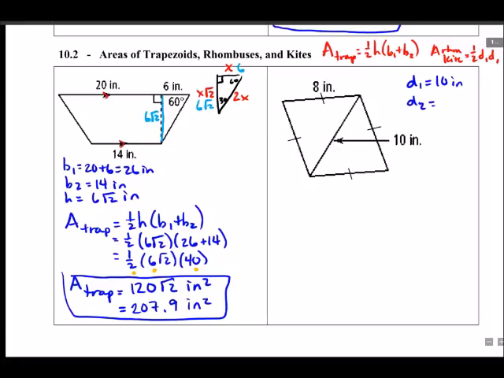if we draw in our other diagonal here, that's diagonal 2, we know that the diagonals are perpendicular. In a rhombus, diagonals are perpendicular. Right? Our diagonals are perpendicular and our diagonals bisect each other.